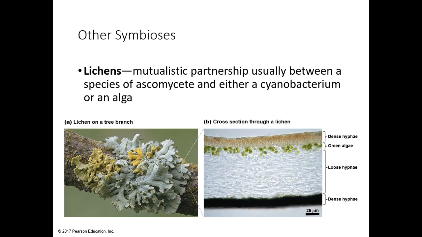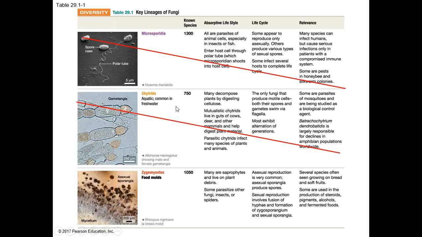And like I said, if we were doing the lab, you would be looking at these, but you could probably find lichen between a photosynthesizer, an algae, and most of the times a tree, and you can find these pretty easily.